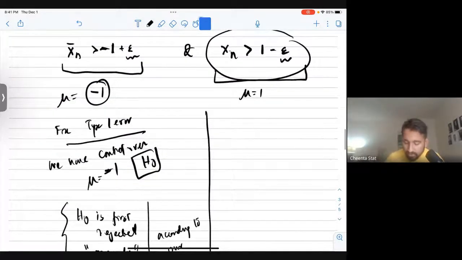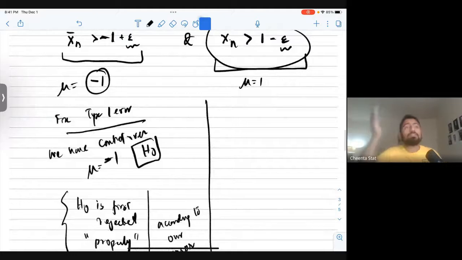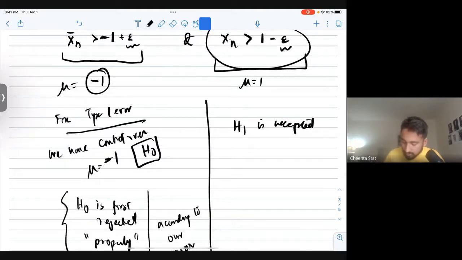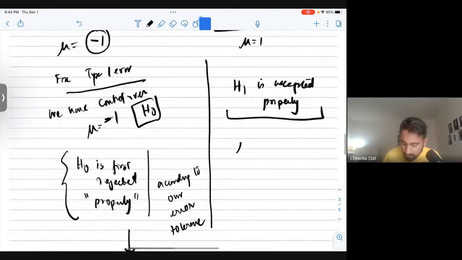And here, if we fix the type 2 error and minimize type 1 error, it's making sure that h1 is accepted properly. That means it's close towards 1. That means h1 is accepted properly, means that mu is equal to 1 is much more important here. We have complete freedom over the mu is equal to 1 region, like how close it will be towards mu is equal to 1.